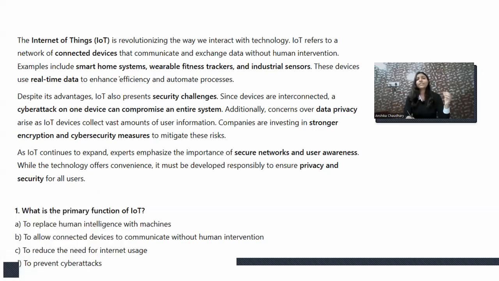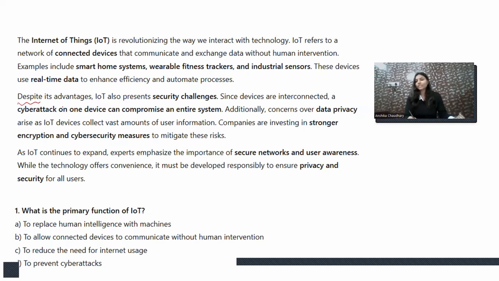Okay. "The Internet of Things, IoT, has revolutionized the way we interact with technology. IoT refers to a network of connected devices that communicate and exchange data without human intervention. Examples include smart home systems, wearable fitness trackers, and industrial sensors. These devices use real-time data to enhance efficiency and automate processes." So in the first paragraph, we are talking about IoT and its benefits and applications in our real life, right?